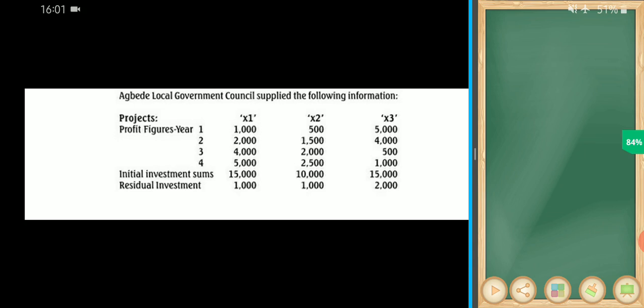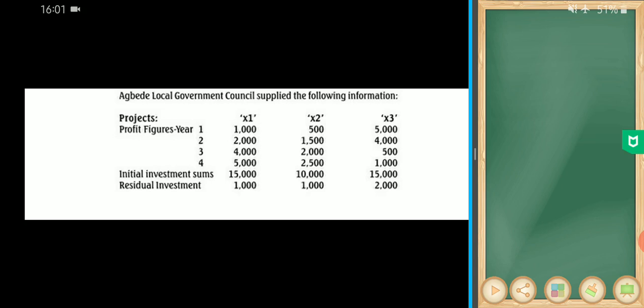Our profit figures for year 1 is 1,500 and 5,000 respectively. We have for year 2, year 3, year 4. Now we have our initial investment sum. The amount they initially invested in each of the projects is given to us. Then the residual investment is given to us, which is 1,000, 1,000, 2,000 naira.